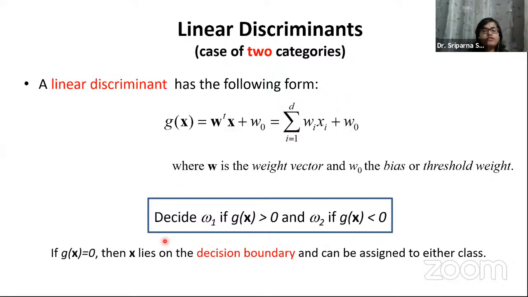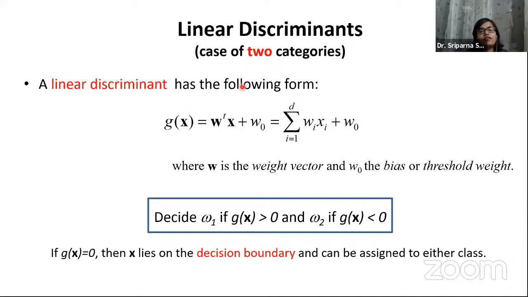Now we need to decide class w1 if g(x) is greater than 0 and class w2 if g(x) is less than 0. If g(x) is equal to 0, then x lies on the decision boundary and can be assigned to either of the classes. So you need to design a decision boundary where the g(x) value is equal to 0.